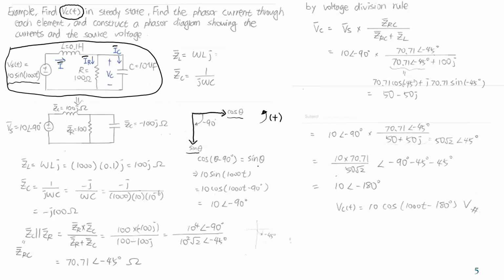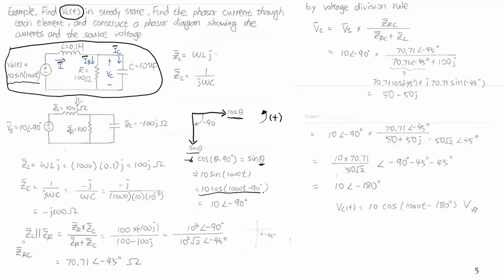And so we always start from cosine, because we want to convert to cosine. Since we have theta, we replace theta with 1000t. So we have 10 sine 1000t equals 10 times cosine(1000t minus 90).